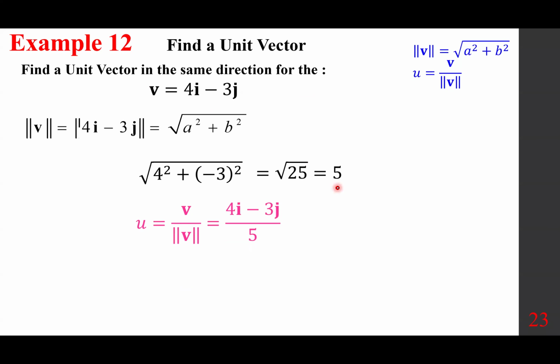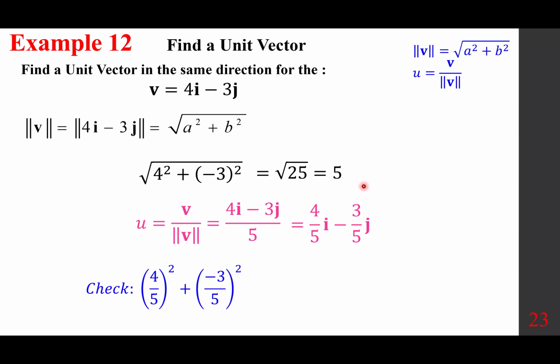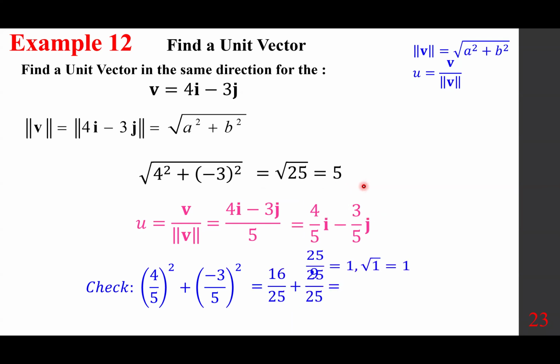So we get 4 over 5 i minus 3 over 5 j. Very similar to one of the questions we did not too long ago. And to check, if you square this one and this one, they must add up to 1. Just to remind you, this was done before. You should have no problem with that.